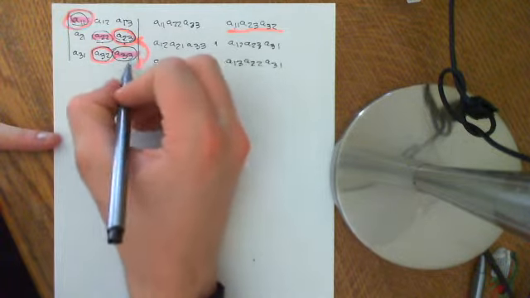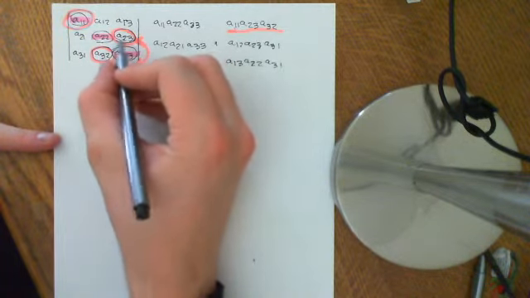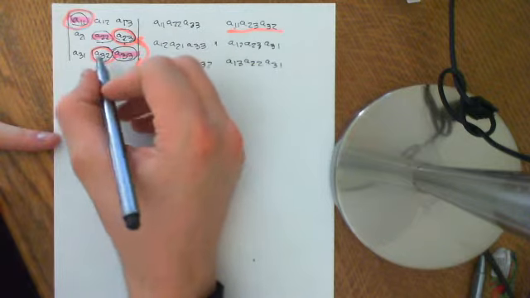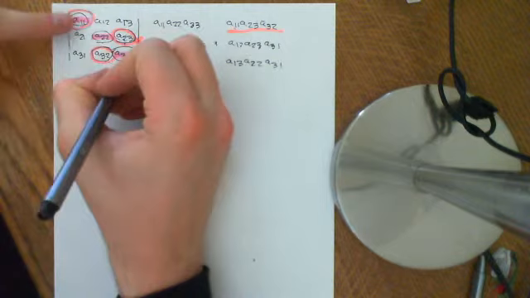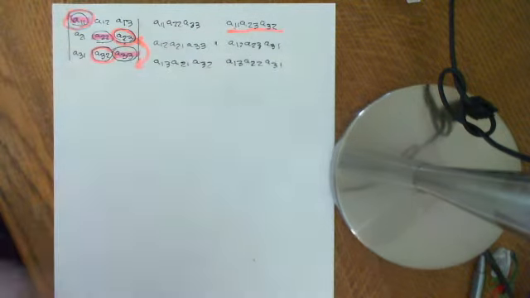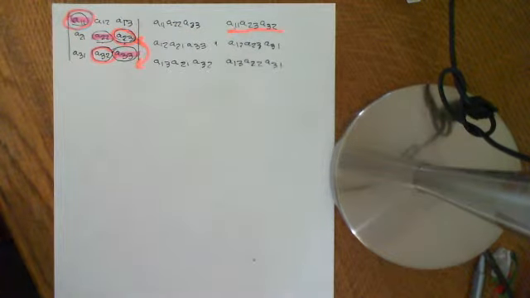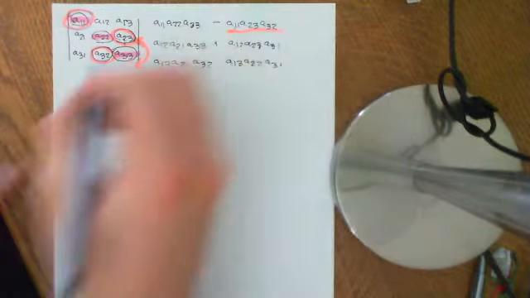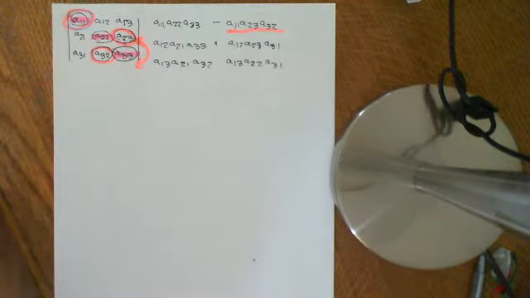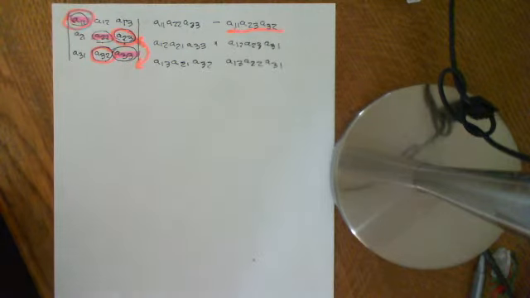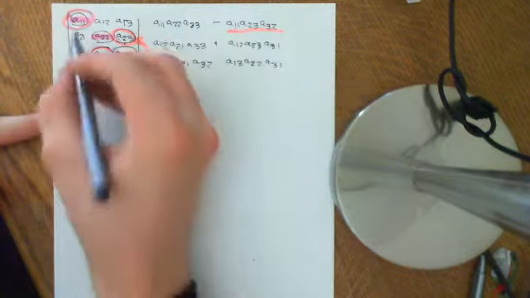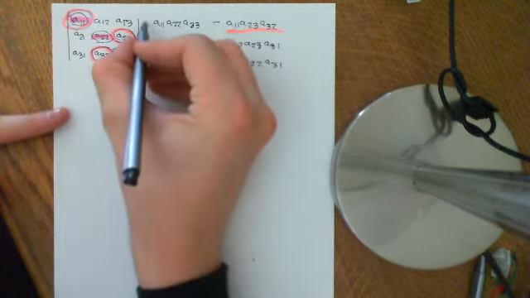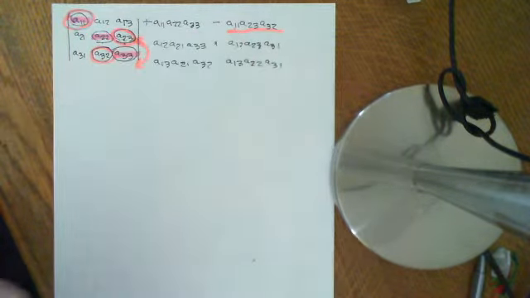If the number of permutations you have to do to get it in the right order is odd, in this case you have to do one permutation, swapping this row with this row to bring this one down and put this one up, then that is going to have a negative sign. If the number of permutations you need to do is even, then you put a positive sign. For this first one, it was in the perfect order already. It was 0, which is an even number, so you'd have a positive in front of it.